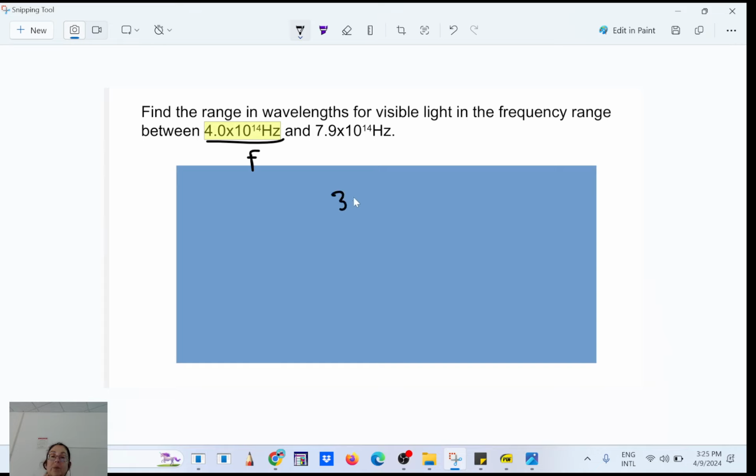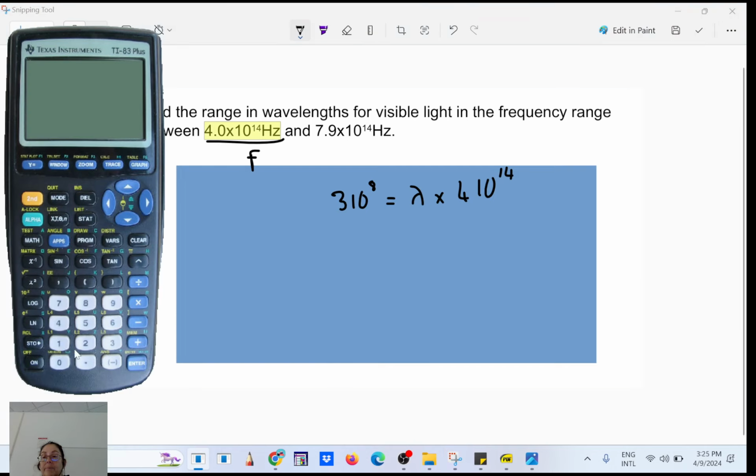So the speed, 3 times 10 to the 8, equals the wavelength, the distance crest to crest, times the frequency. Okay, so with your TI, 3 times 10 to the 8, don't sleep, divided by 4 times 10 to the 14.